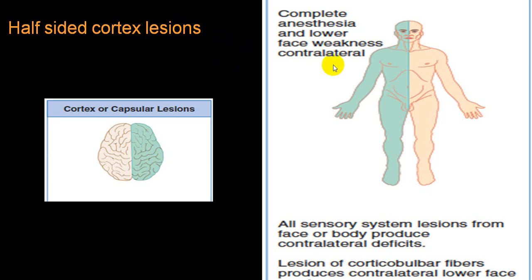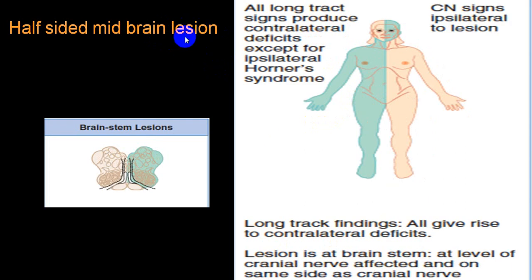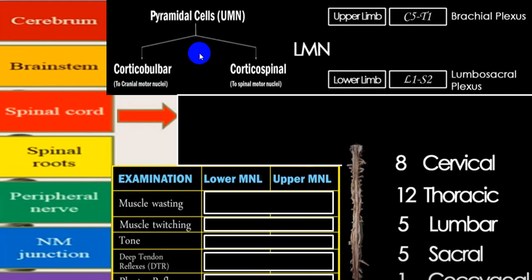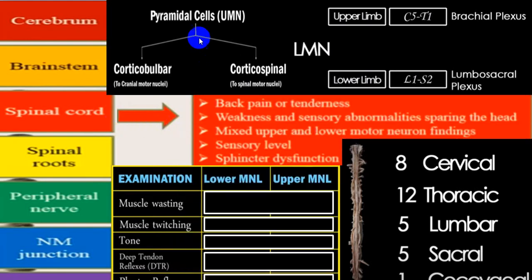If a person is having hemiparesis with hemianesthesia, it has to be an internal capsule lesion. If a person has one-sided facial sensory loss with opposite-side hemisensory loss, always think in terms of a midbrain lesion. So a spinal cord lesion is very peculiar.